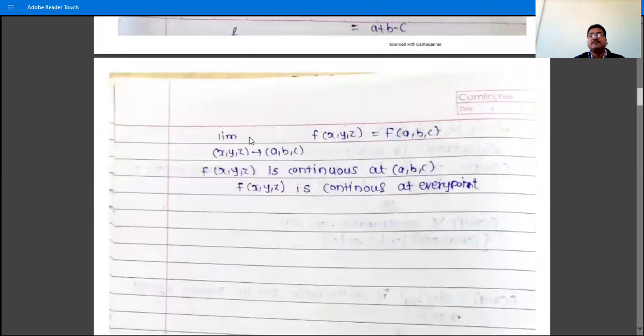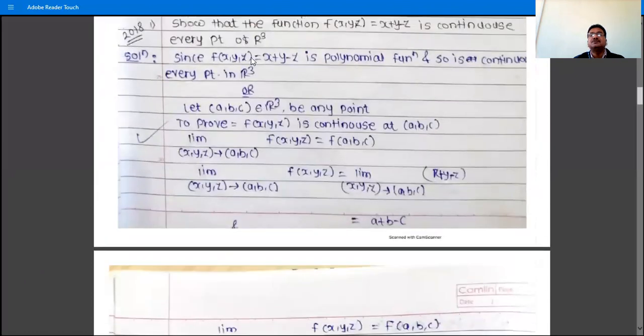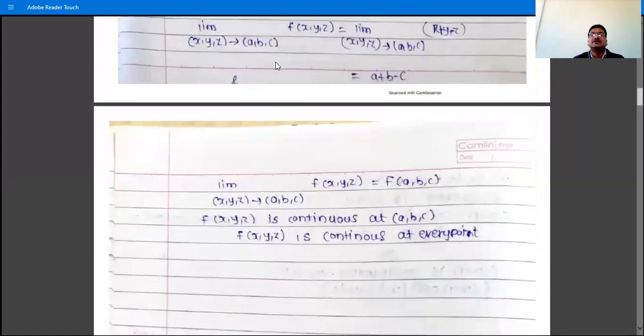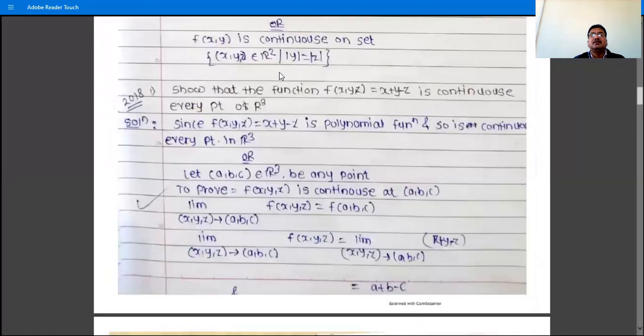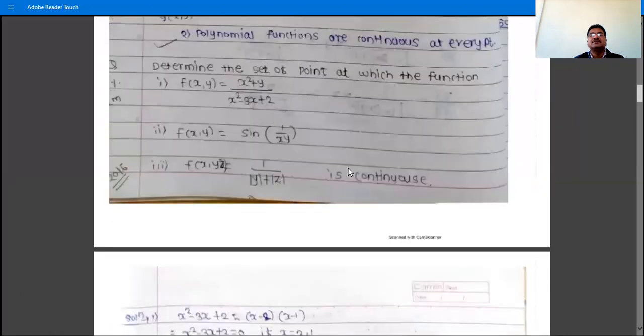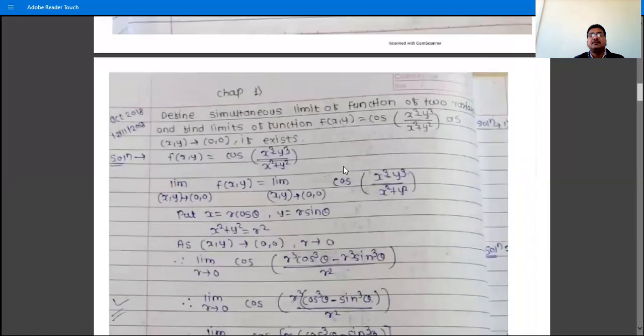So both are the same. The limit at (a, b, c) and the value at (a, b, c) are the same, and therefore f(x, y, z) is continuous at (a, b, c). Either this proof or the fact that a polynomial function is continuous everywhere shows this function is continuous everywhere. So these are some problems on continuous functions, some different types of problems.